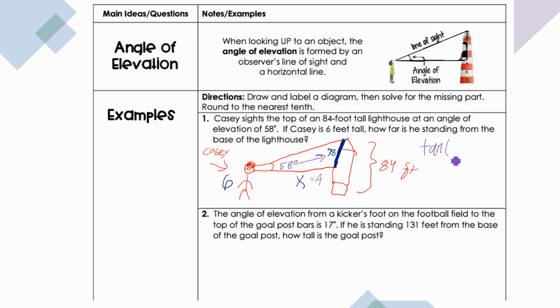So we have tan of 58 degrees equals opposite over adjacent, so 78 over x. Move your x over and divide the tan 58 over.